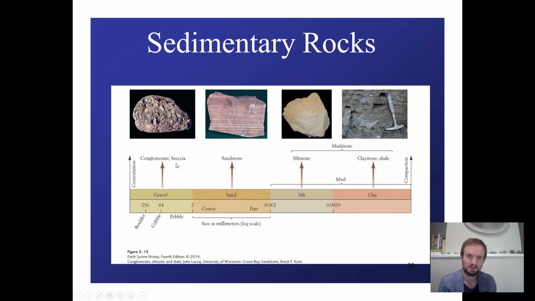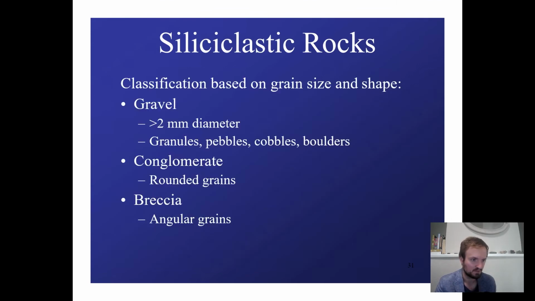Remember, lithification is just the process of gluing everything together. You can do that through a whole suite of different things, and it happens pretty easily in nature. All the grains become glued together, and that's lithification.